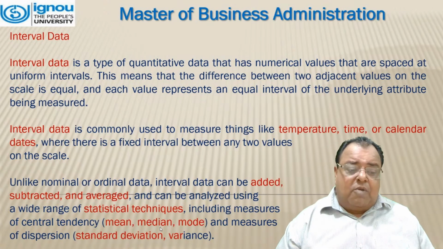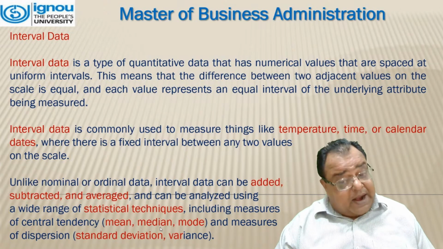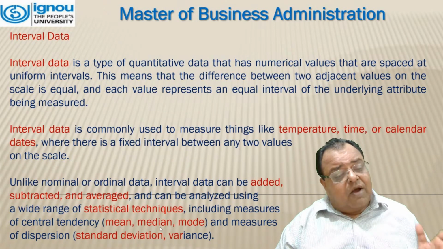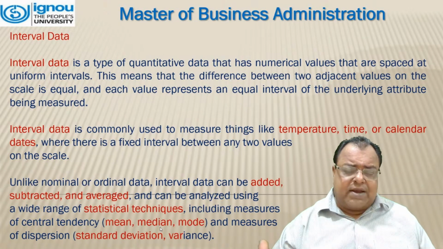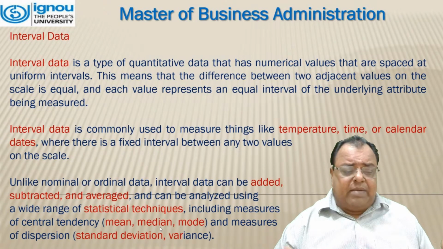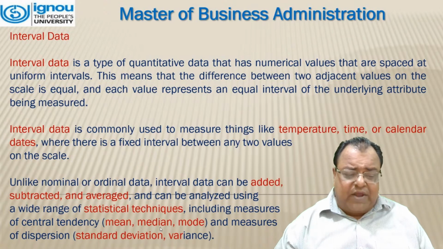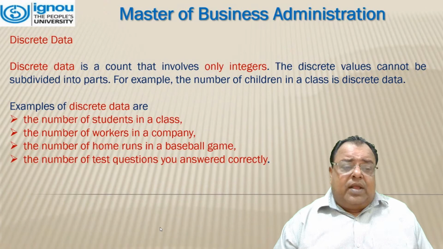Unlike nominal or ordinal data, interval data can be added, subtracted, or averaged, and can be analyzed using a wide range of statistical techniques, including measures of central tendency, that is mean, mode, median, and measures of dispersion, such as variance and standard deviation.